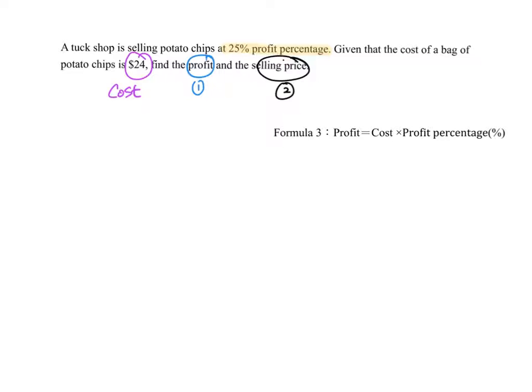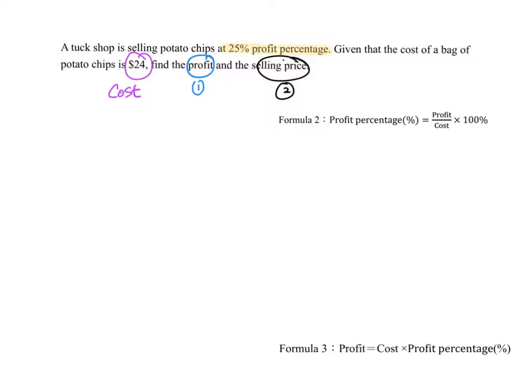But you may think why we can use this formula to find the profit. Now I will show you how to derive Formula 3 from Formula 2. Look at Formula 2. 100% is just equal to 1.